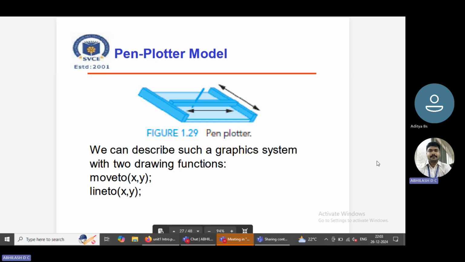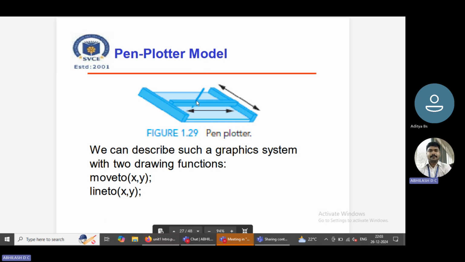So next is the pen plotter model. This is a very old technology where I have a particular plane and I have two sticks, one which can move in the x direction and the other in the y direction, right? So we can describe such a graphic system with two drawing functions, move to and line to.